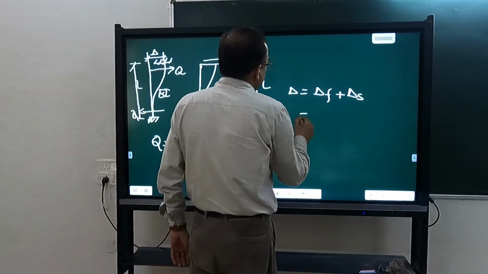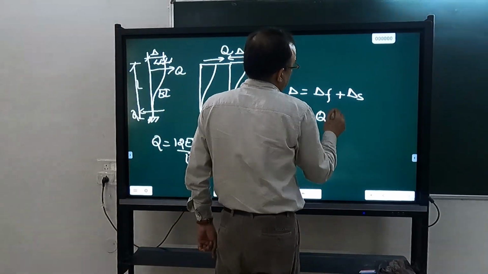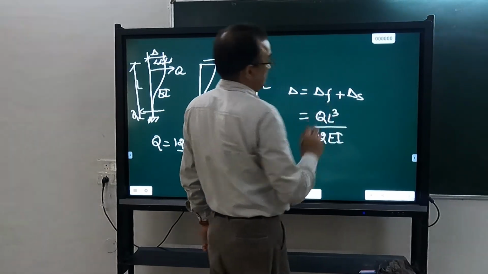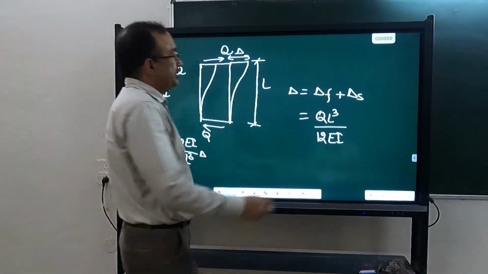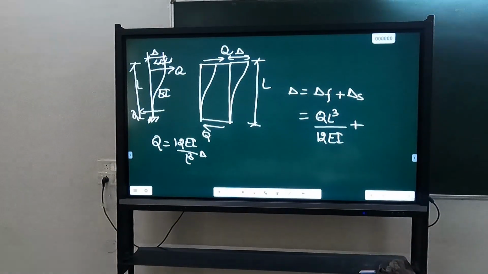How much is flexural component? Which is coming from here. That will be... how much will be shear component? How much is shear deformation in this case?